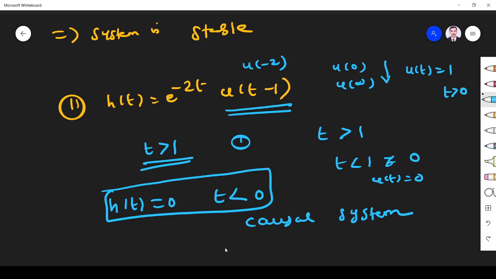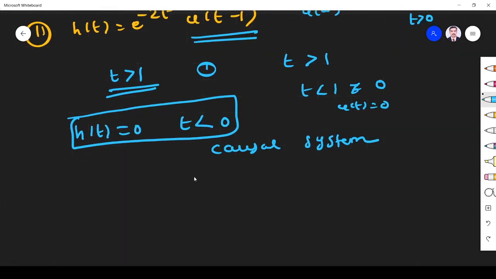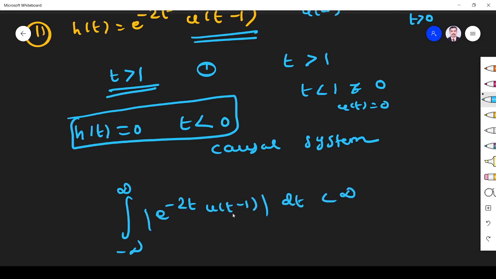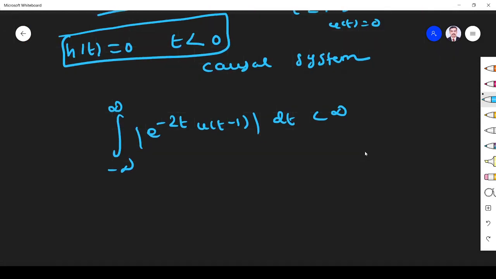Okay. Now what we have to do is check whether it is stable or not. So for e power minus 2t, let us see the integral from minus infinity to plus infinity. For stability, it must be absolutely integrable. So the integral of e power minus 2t u of t minus 1 dt must be less than infinity. We know t exists from 1 to infinity only, so no need to go from minus infinity to plus infinity.